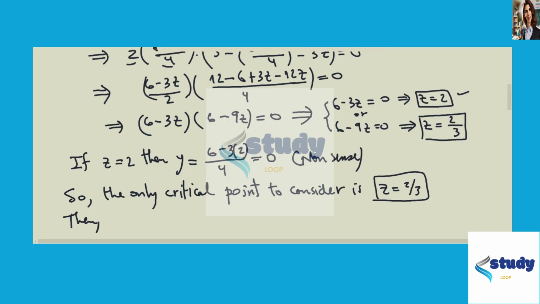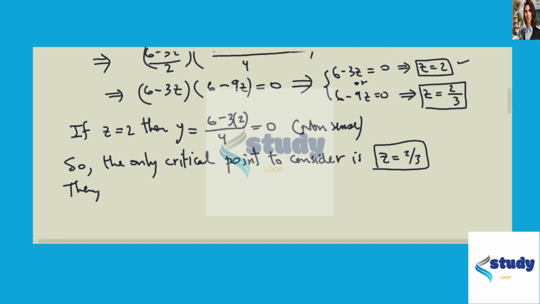Then y equals, we use the same formula again, 6 minus 3 times 2/3 over 4, and that is 6 minus 2 over 4, and that is 1.